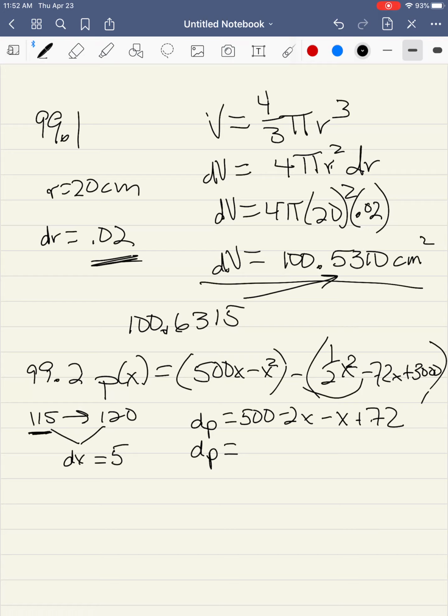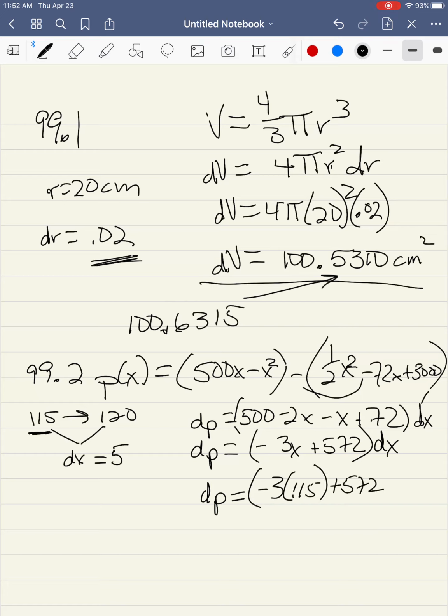So that simplifies to minus 3x plus 572 times dx, and now we know that dx is 5, and the original x was 115, so minus 3 times 115 plus 572, and then times 5.